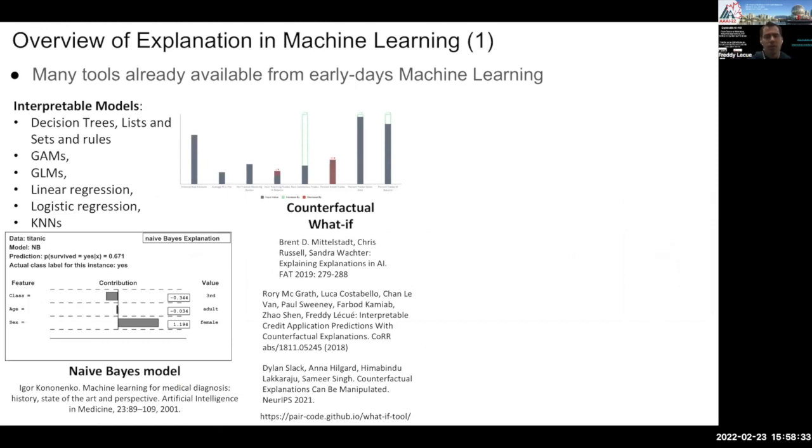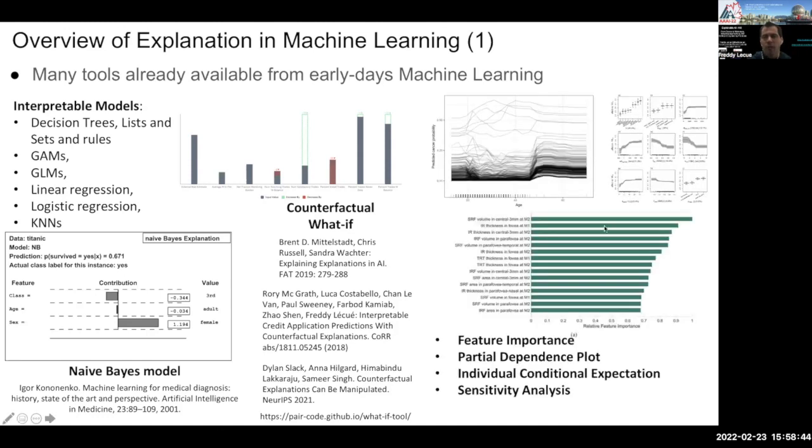But that's something you can start with. Counterfactual is also a technique that has been used. And then you have the usual suspects, as I mentioned: feature importance, partial dependency plot, individual conditional expectations. So you should go towards this list.